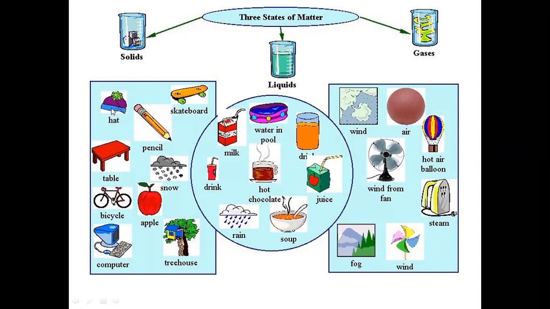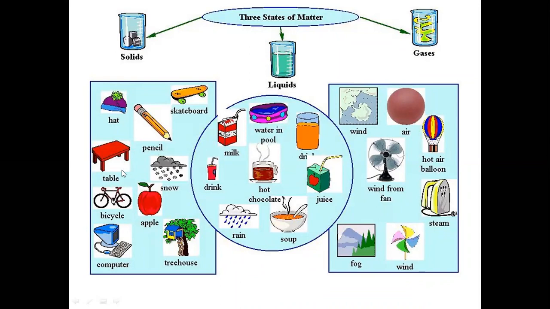In this presentation, students, you are able to see what solids are, right? The various examples of solids are shown here. Similarly, these are the examples of liquids, and we have the examples of gases. These are the basic examples of the three states of matter.